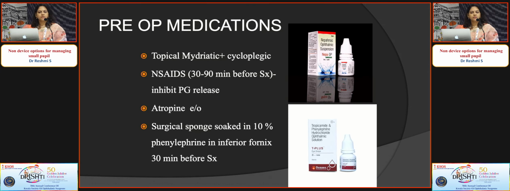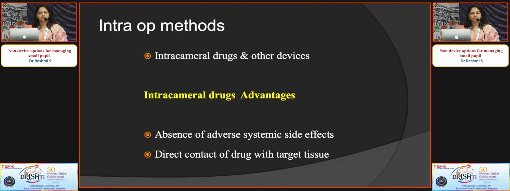Preoperative medications we usually use are topical mydriatics and cycloplegics. NSAIDs can be given 30 to 90 minutes before surgery. They inhibit prostaglandin release. Atropine eye ointment has been found to be beneficial in a few cases of floppy iris if given 2 to 3 days prior to the surgery. A surgical sponge soaked in 10% phenylephrine can be kept in the inferior fornix 30 minutes before surgery.